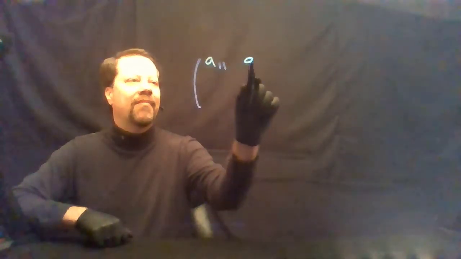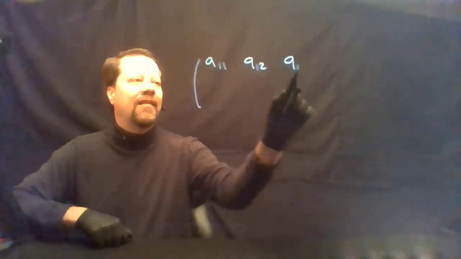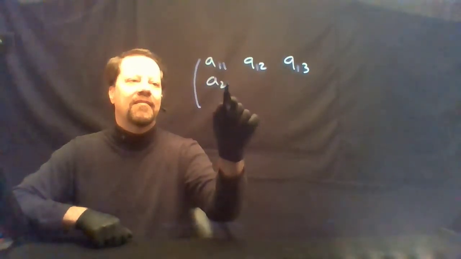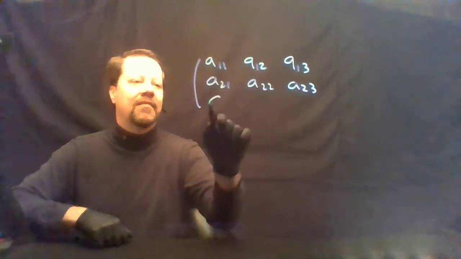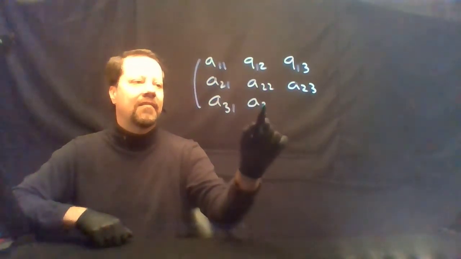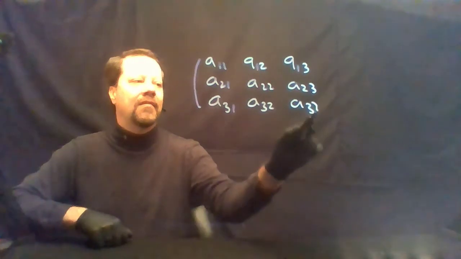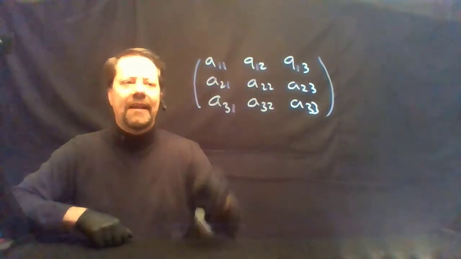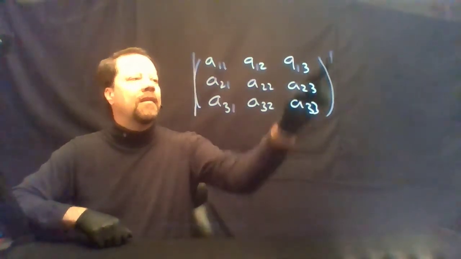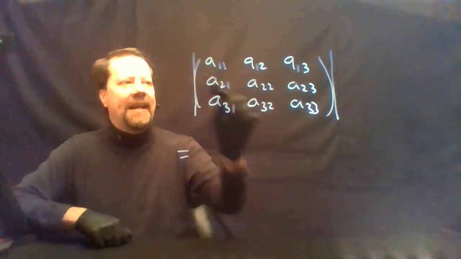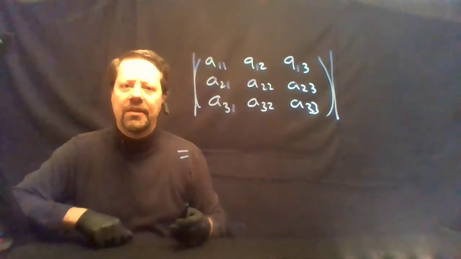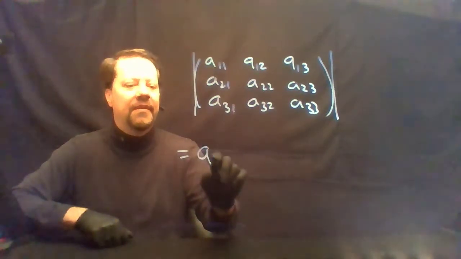Well, if you have a 3 by 3, we can calculate the determinant as follows. We can expand this using something called cofactor expansion.